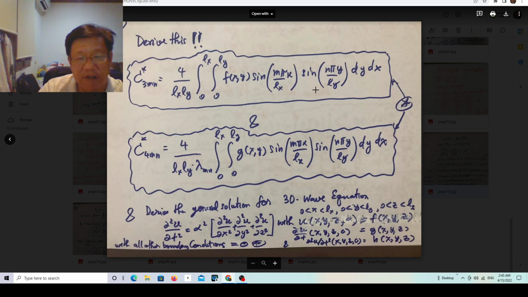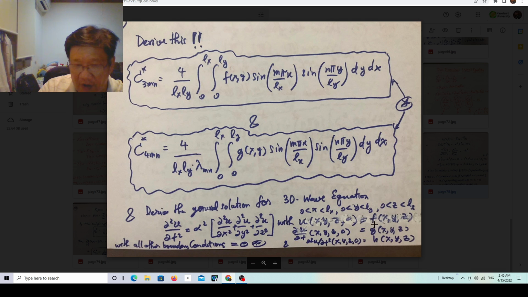I think the key assignment of this is that you can continue this analysis to the case of the three-dimensional wave equation, as described at the end of the clips here. Suppose that all other boundary conditions are 0, except the initial conditions at t equal to 0 on the zeroth order, first order, and second order.